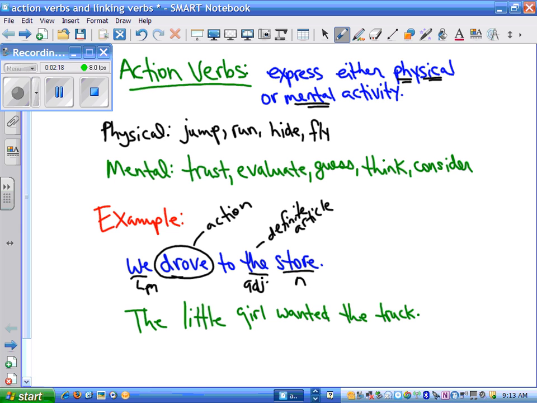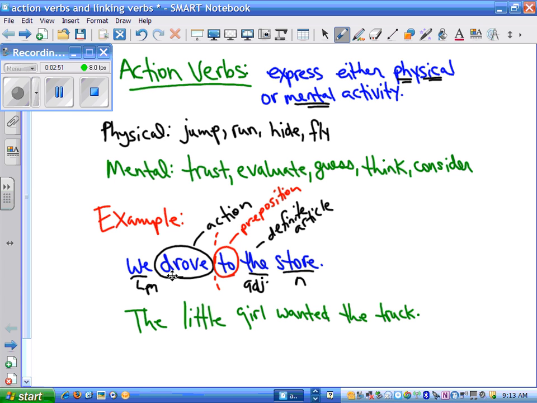Now, to, we haven't talked about this word form yet, but later on, you're going to see that here, at least, to is working as a preposition. It doesn't always work as a preposition, but that is what it's doing here, right? And in fact, we have then a prepositional phrase, to the store.